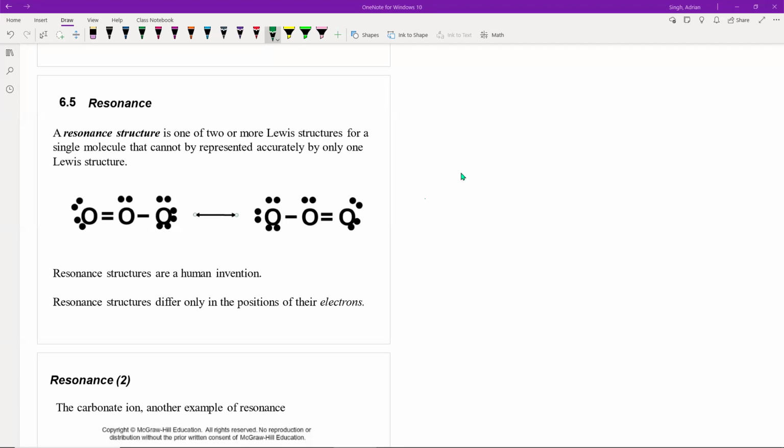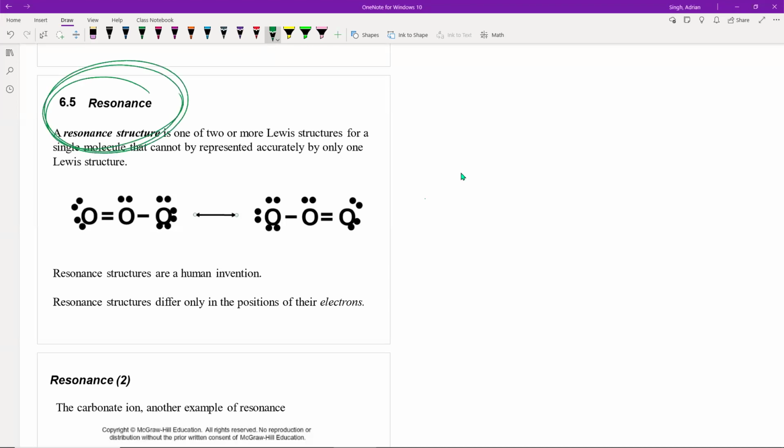So this is different than having competing Lewis structures where you use formal charges to decide what's the correct one. Here we can actually have multiple structures that represent the molecule. We refer to this phenomenon as resonance, the resonance structure.